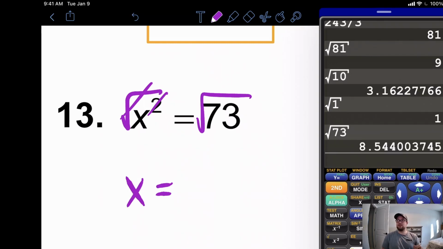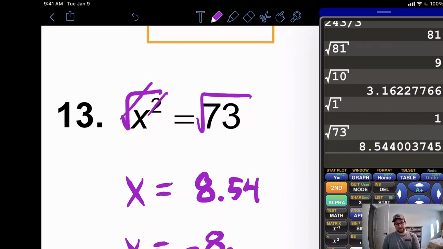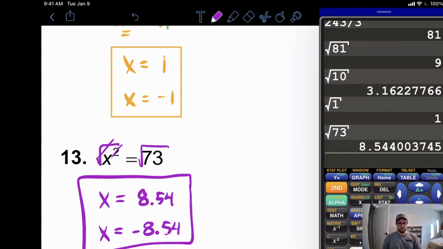In this situation, look at our calculator. It gave us an answer. So we just take that answer. I'm just going to round it to 2 decimal places, so 8.54. And then don't forget, there's always 2 answers. One is positive, and the other one is negative. So these will be my 2 answers.